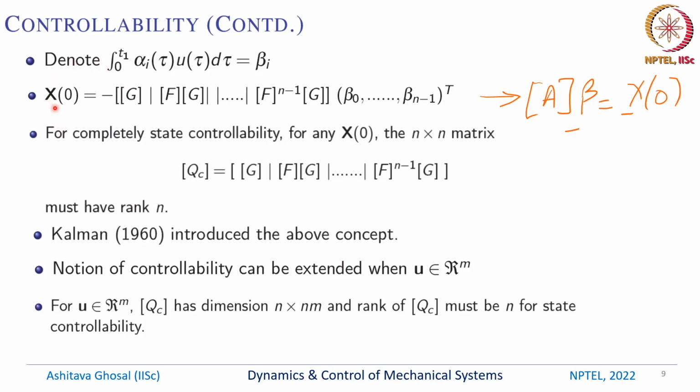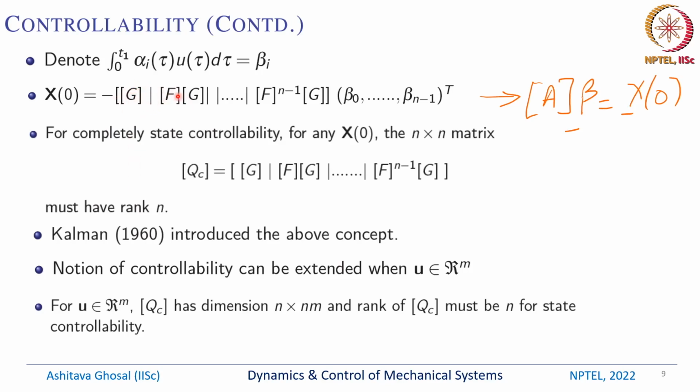We can rewrite that previous expression for x of 0 as minus, and there's a matrix here. I will go over it slowly. This first column is G. Remember we are discussing G as n by 1 and F is n by n. So we have an n by 1 column here.